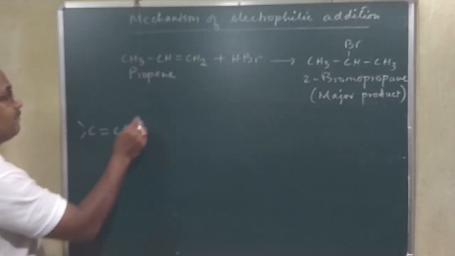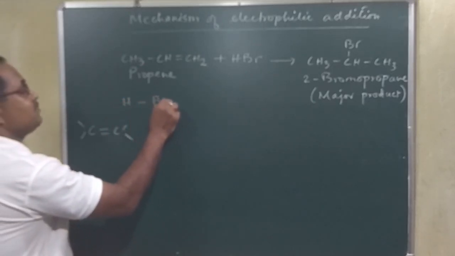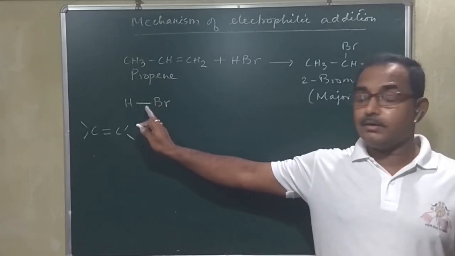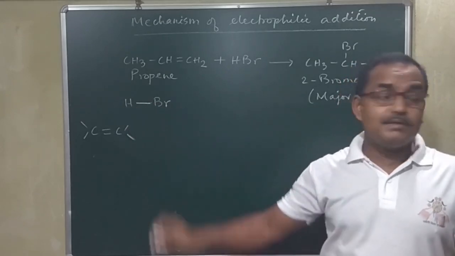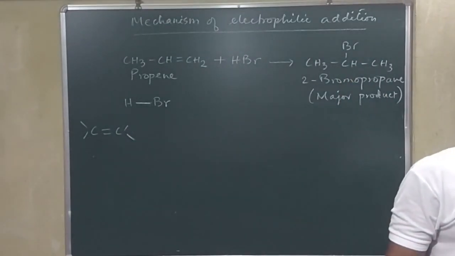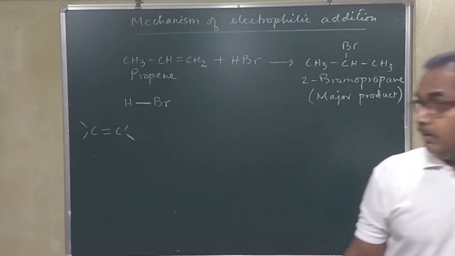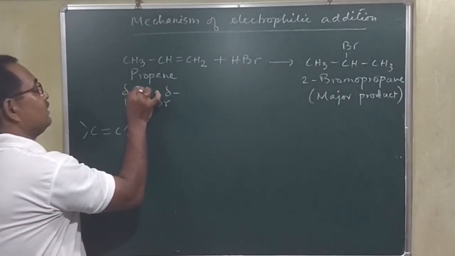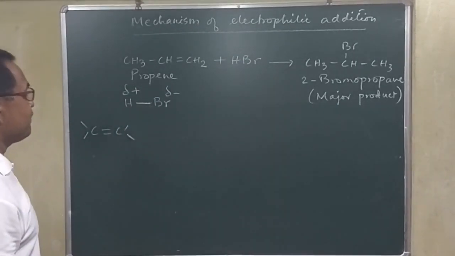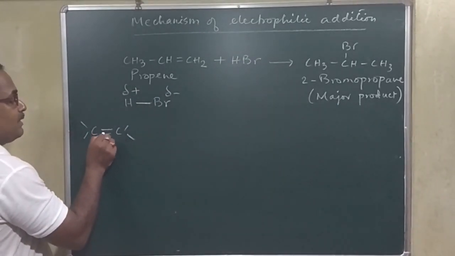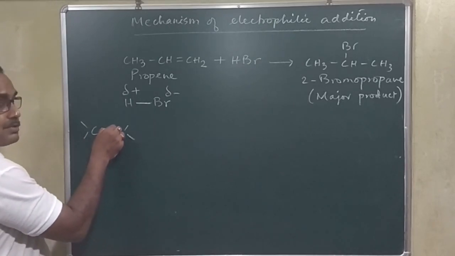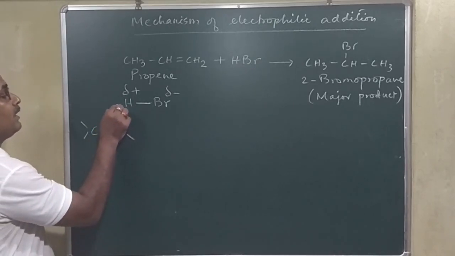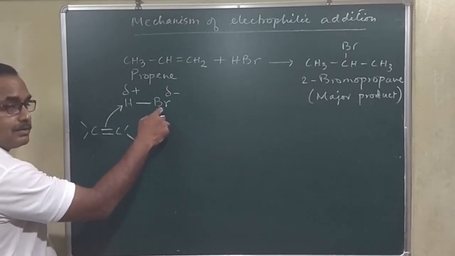This is an alkene. Suppose there is HBr. It is a covalent molecule, but the electronegativity difference between hydrogen and bromine leads to a polar covalent bond. So bromine is delta minus, hydrogen is delta plus. Now, by virtue of the loosely held pi electrons, the alkene will attract the hydrogen end of this dipole.